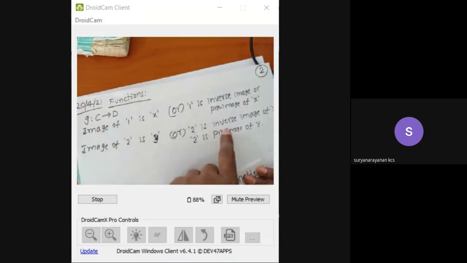We can say like this also or like this also. 2 is called the pre-image or inverse image of y.